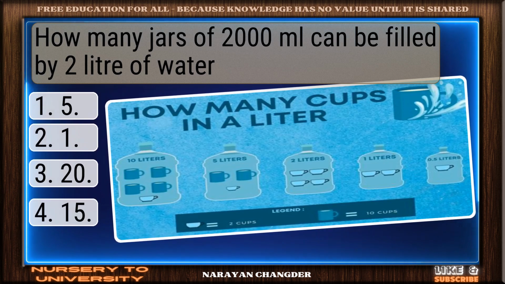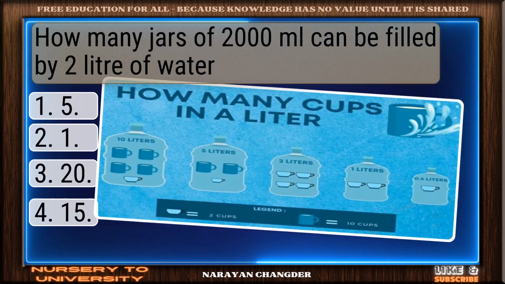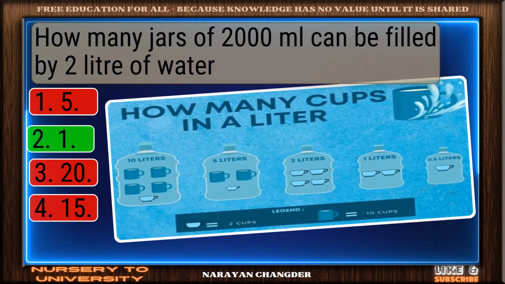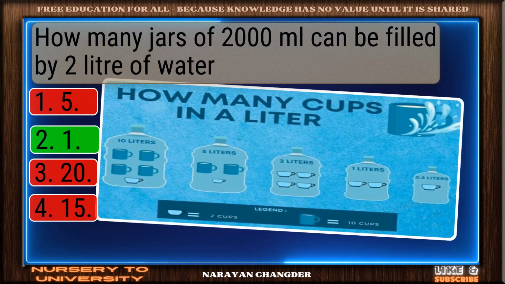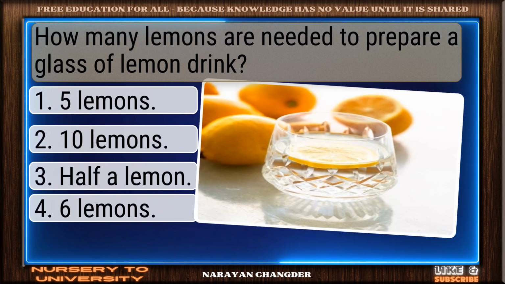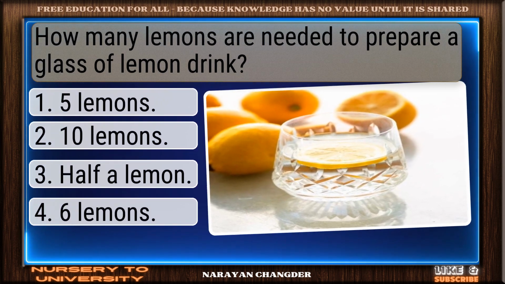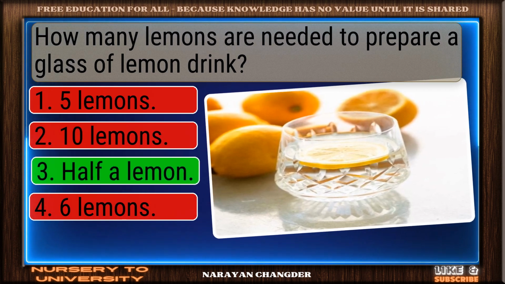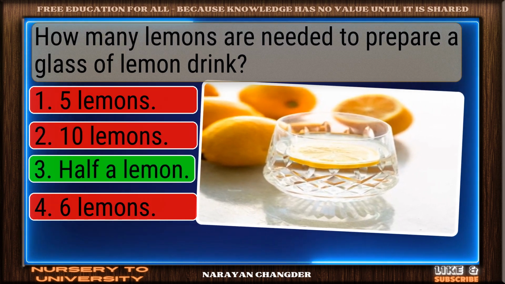How many jars of 2000 ml can be filled by 2 liter of water? Smart pick. 1 is the correct choice. How many lemons are needed to prepare a glass of lemon drink? Exactly. Half a lemon makes sense.